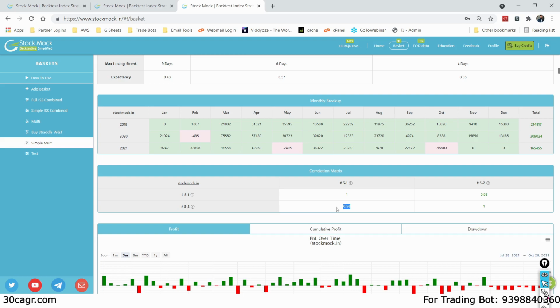What that means is if one strategy is giving losses, the other strategy would be in profit. It's like one strategy complements the other, and so these strategies are healthy and good for your portfolio, whatever the market cycles, right? So make sure that you pay attention to this correlation matrix when you are backtesting multiple strategies.